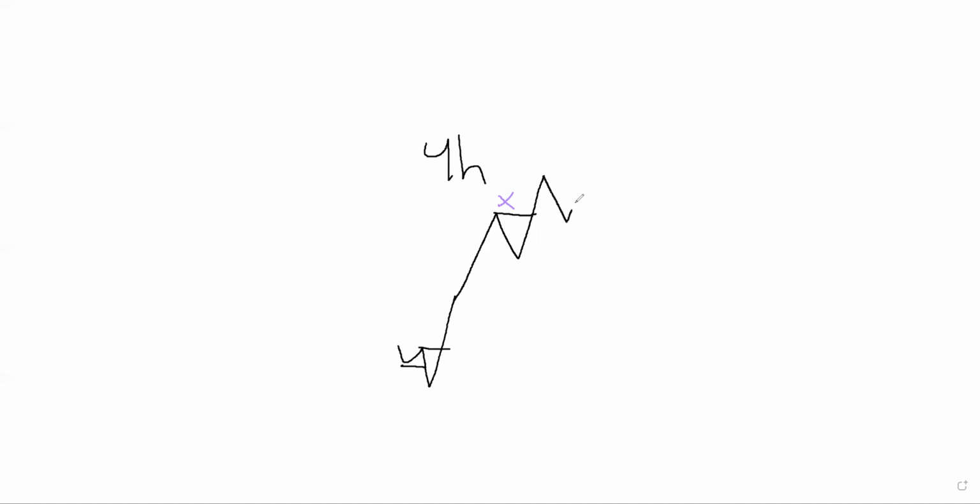Price does this, retraces. There's nothing here, there's no three candle formation. Our three candle formation is right here. Nothing happens. Finally, it breaks. After it broke out of that three candle formation on the 4-hour time frame, then that's a BOS for us.